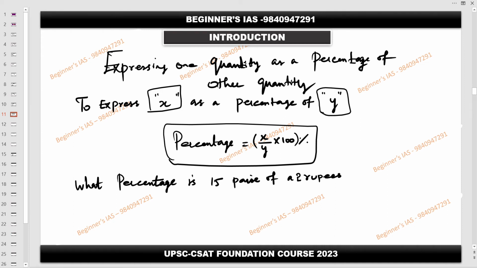Okay, I'm writing it as 2 rupees here. Of your 2 rupees, 70 paise.